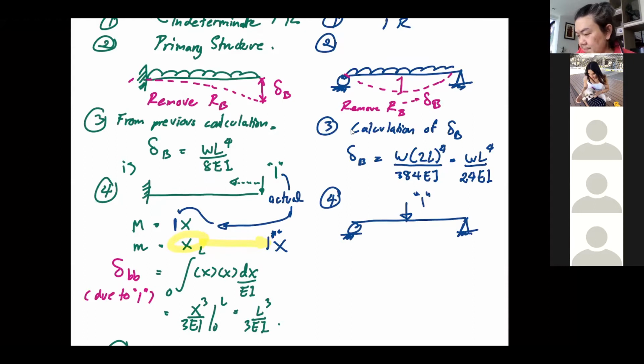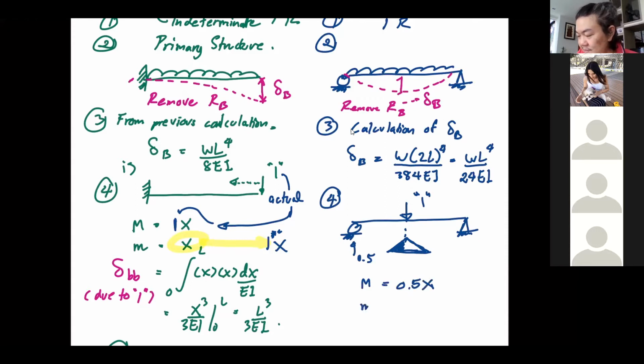And this is basically the same as before because we have done it before. The moment diagram of this beam is like this, right? So we have to split our moment equation into 2, but they are similar. So we can just write only 1/2 of this and then multiply our integral by 2. Okay. So my big M, if this is 1, this is 0.5, right? So my big M is 0.5x.